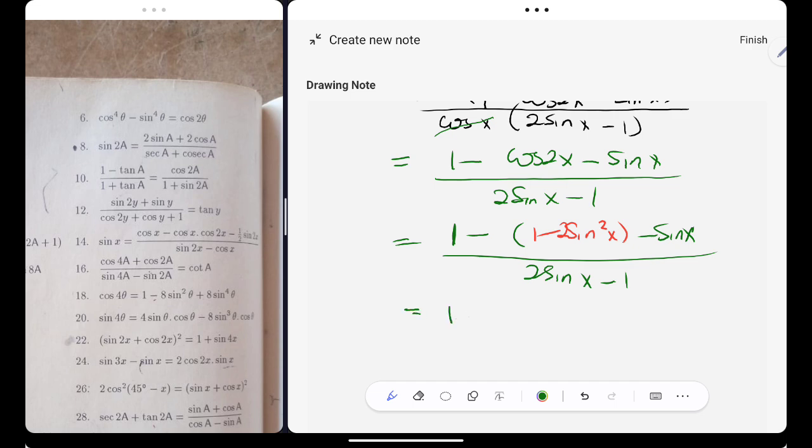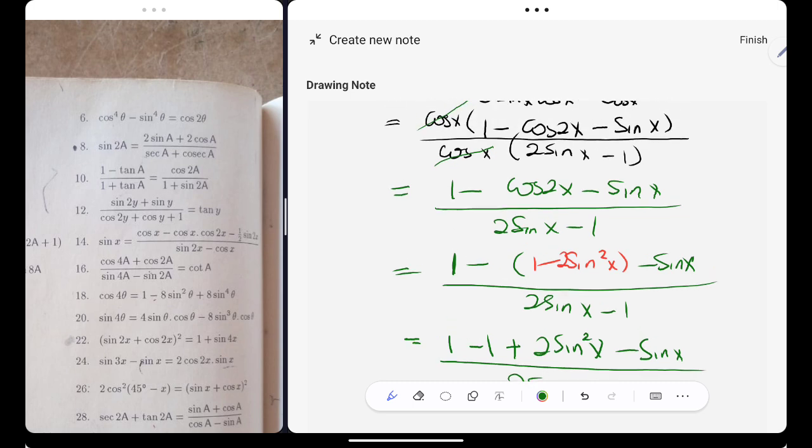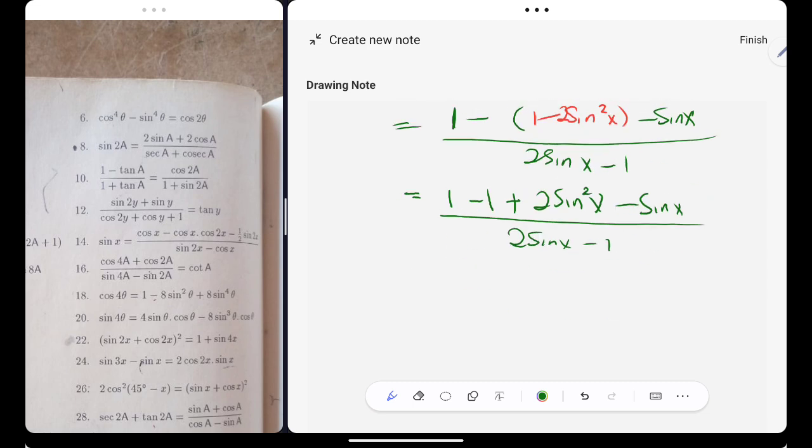Okay, I'll have 1 minus 1 plus 2 sine squared x minus sine x all over 2 sine x minus 1. 1 minus 1 will give me 0, right? So at the top I'll be left with 2 sine squared x minus sine x all over 2 sine x minus 1.